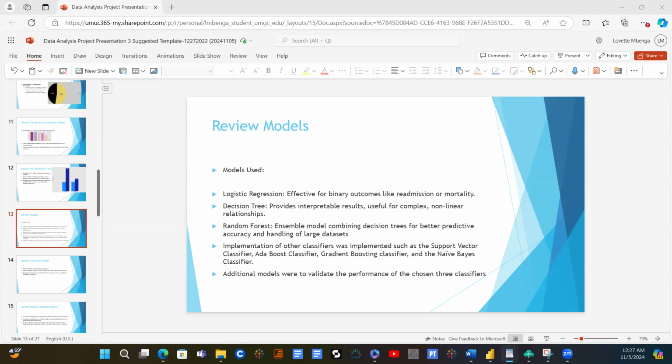We review our models. Three models were used, which I already mentioned: logistic regression, which is good for understanding the relationship between variables; decision tree, which is good to interpret the variables; and random forest, which helps to combine multiple decision trees.